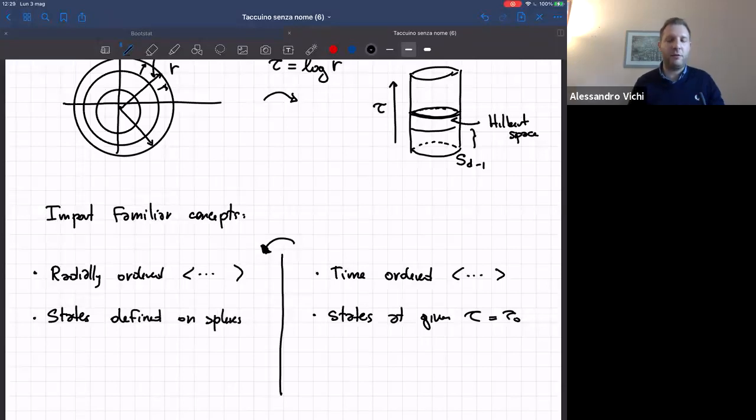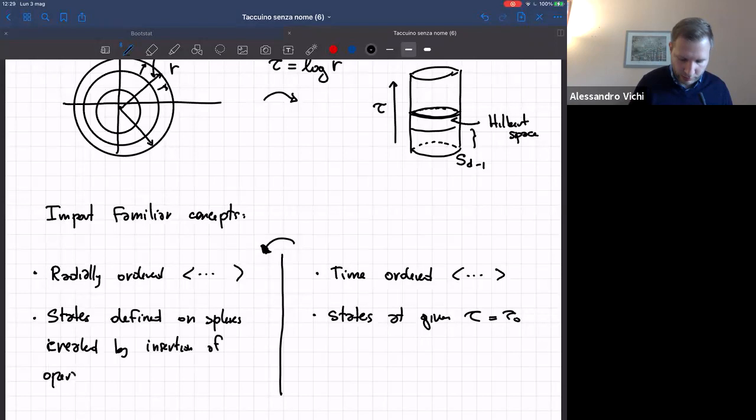And how are these states defined? They are defined by inserting operators at lower radii. So the inside is created by insertion of operators inside the sphere.